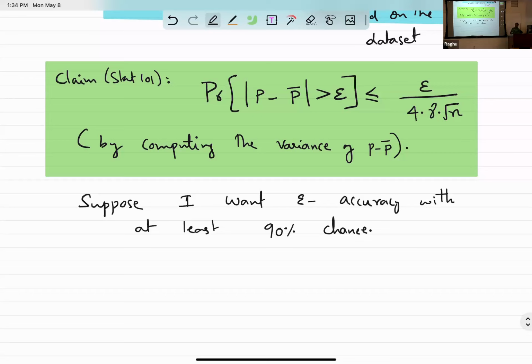I want to say with reasonable certainty, my estimate is going to be close to the true estimate within some error. Okay. So if I want this, then I should set, to simplify the arithmetic, let me say 75%. Meaning I want this chance to be less than or equal to 1/4.